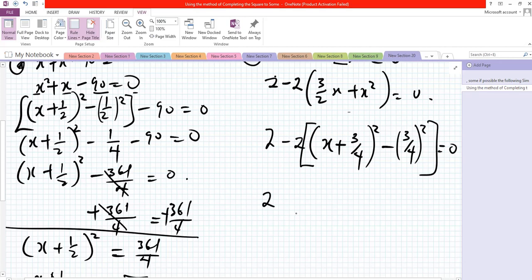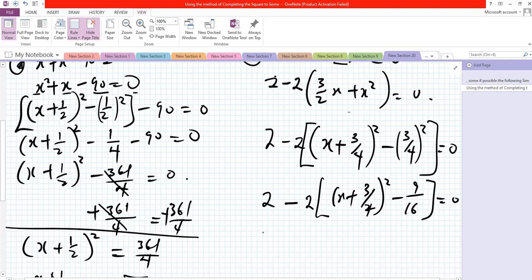So we have 2 minus 2 into x plus 3 over 4 all squared minus 9 over 16. Now we are left with 2 minus 2 times x plus 3 over 4 all squared. Now this minus 2 times this will give you plus 9 over 8, that is 0.